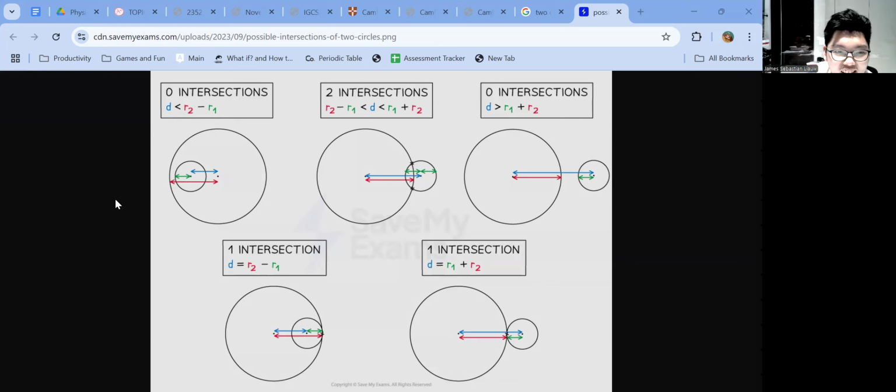And this is how it works. If 0 intersections, then the distance between the centers is always greater than the sum or less than the difference. If there is one intersection, then it's always equal. And if there are two intersections, then it's always in between.